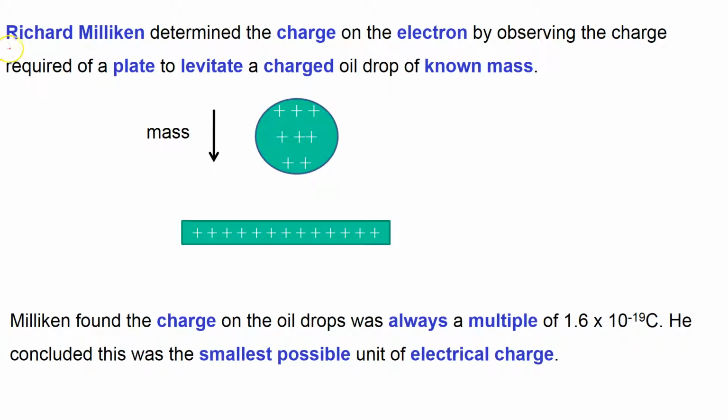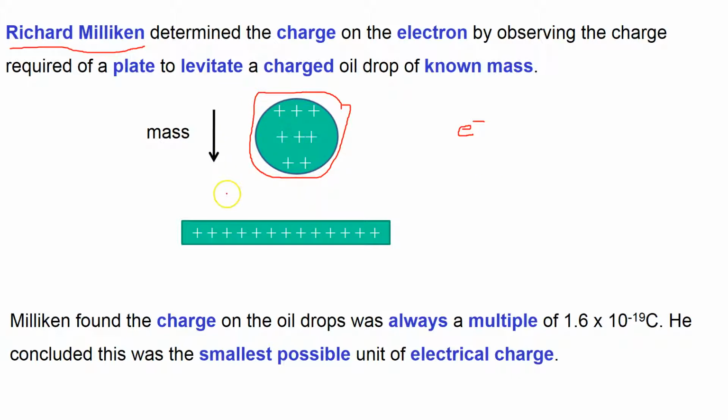So an American scientist, Richard Millikan, determined the charge on the electron by observing the charge required to levitate oil drops. He generated oil drops that had a positive charge. These had a positive charge because he had made the oil drop lose negatively charged electrons.